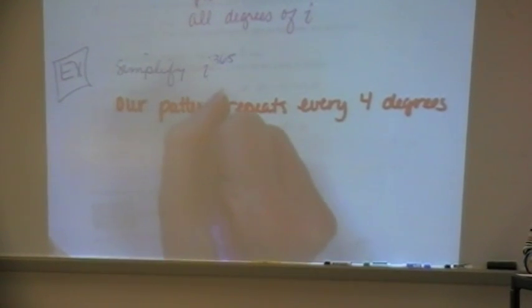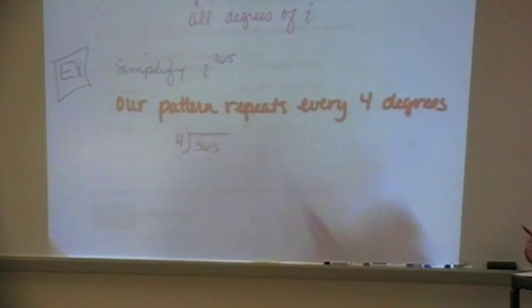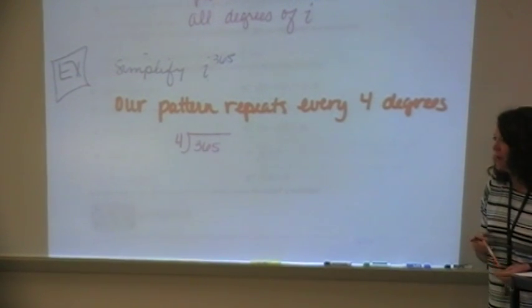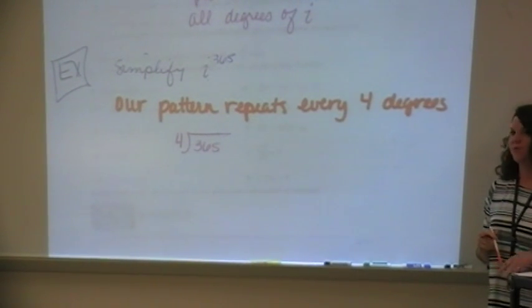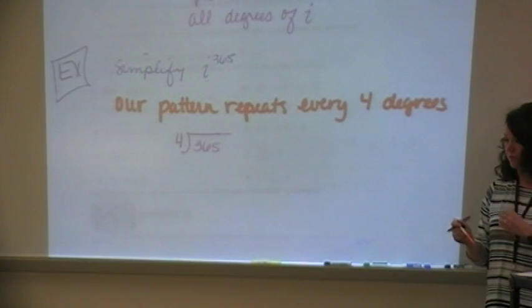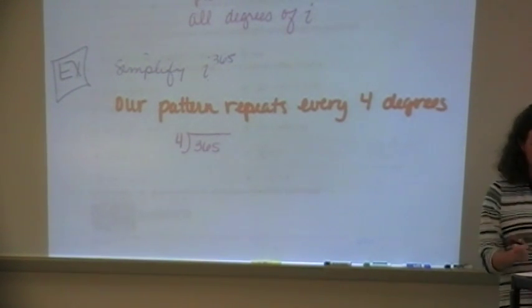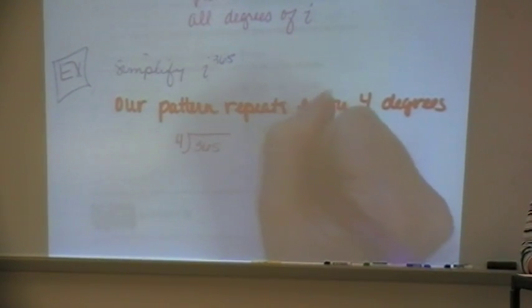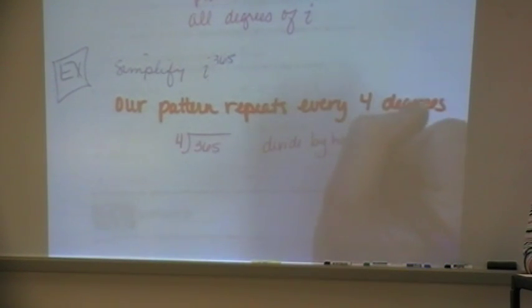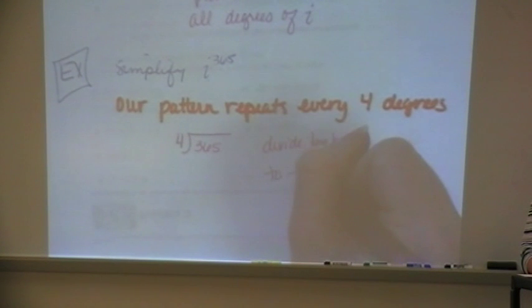You need to do it by hand, because all we are concerned about is the remainder. If you do it in a calculator, you won't get a remainder, you'll get a decimal. We want the remainder. So I'm going to divide by hand.